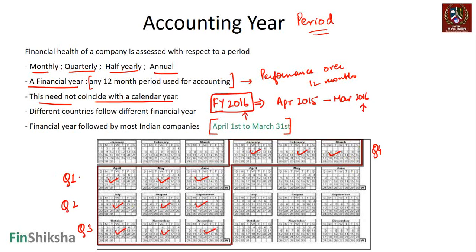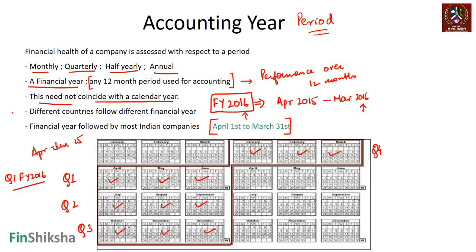Q1 financial year 2016, which I can also write as Q1 FY 2016, is April to June 2015, and so on. You could keep expanding this: Q2 FY 2016, Q3 FY 2016, and Q4 FY 2016. These 12 months are what most companies in India follow as the accounting year.